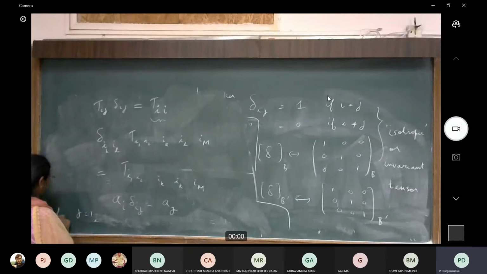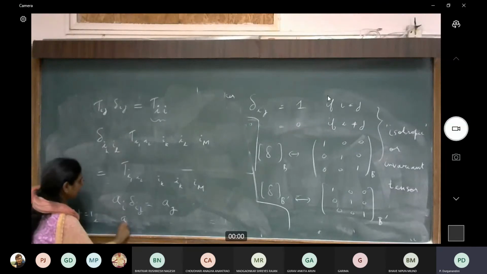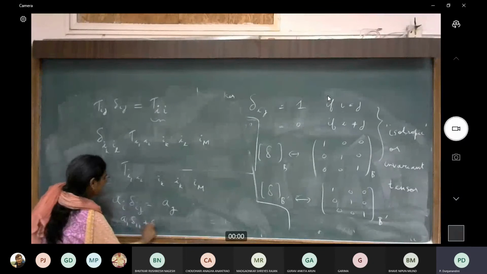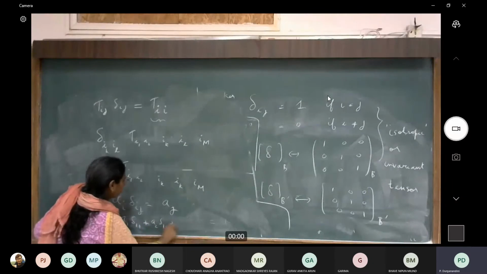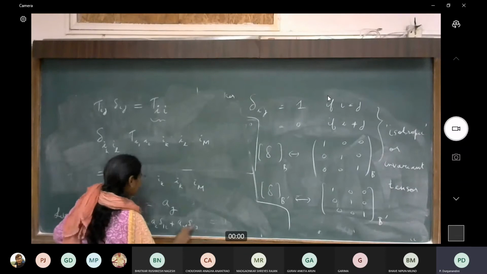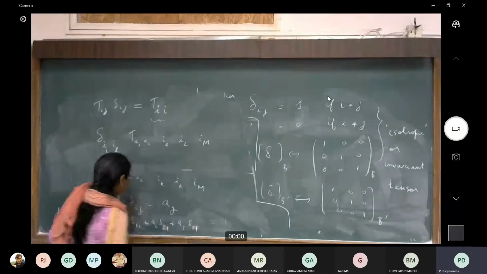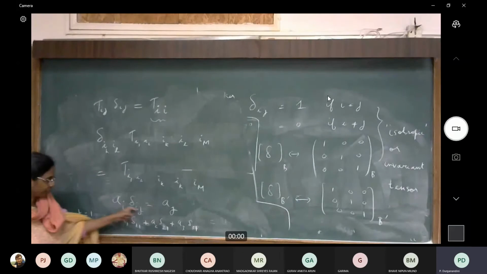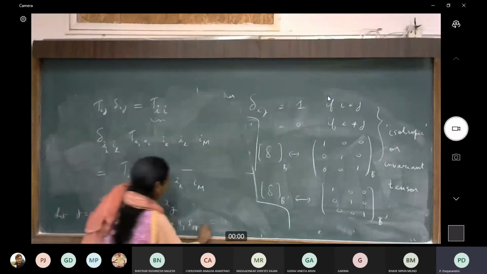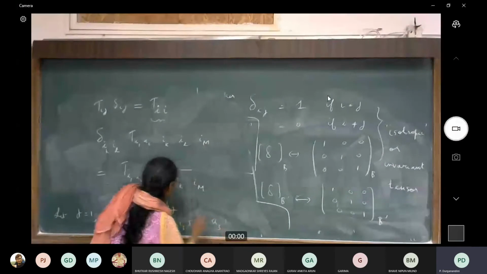Then what this means is A1 delta 1,1 plus A2 delta 2,1 plus A3 delta 3,1. So I summed over this. J is free, so I have to fix the value of j, which is 1. And finally, I'll get from here A1.